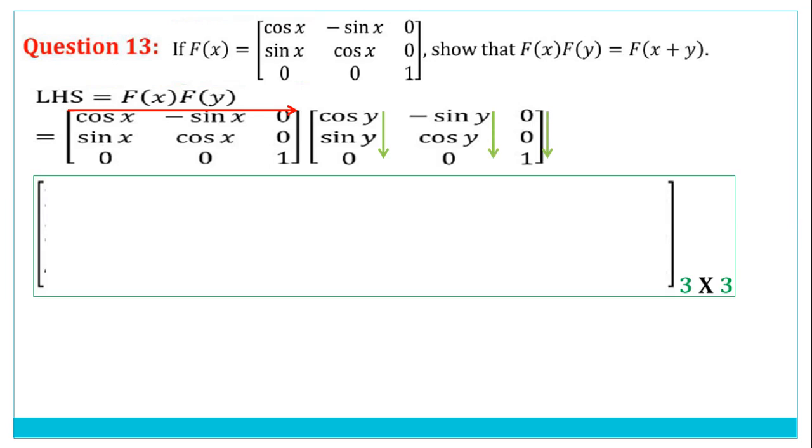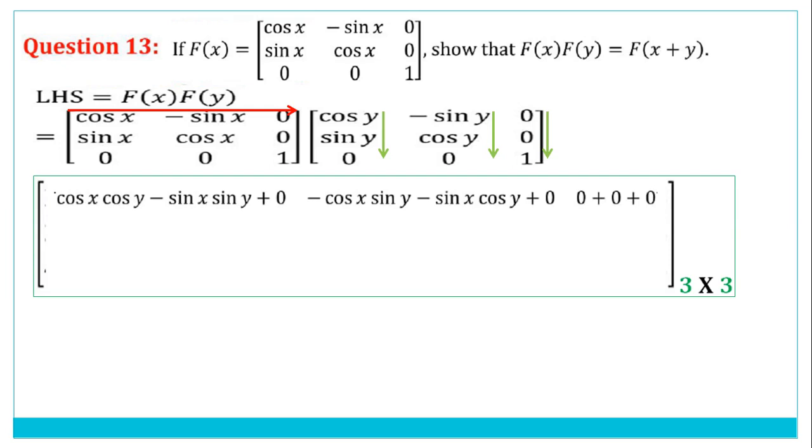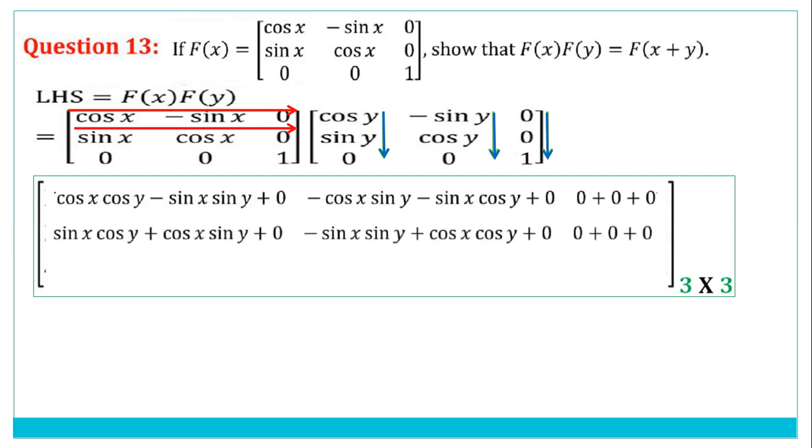Corresponding elements of the first row are multiplied with corresponding elements of the columns, and after multiplication, this is what we will get. The same for the second row: multiply with the first column, then second column, then third column, and we will get our second row.